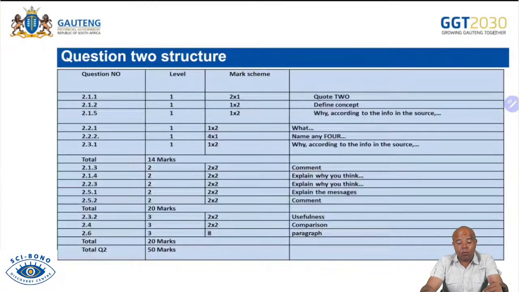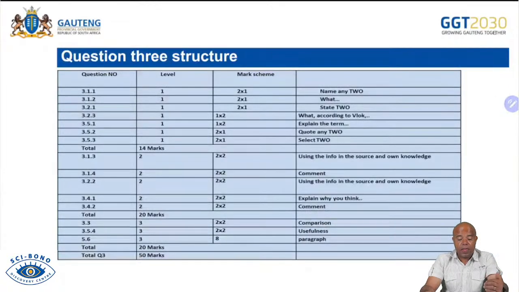When we go to level 3, we basically see level 3 is supposed to be 16 marks, but when we look at the questions, usefulness, compare, paragraph, so that's a clear indication that the question paper will be basically 50 marks. When we go to question 3, we can see it's divided again into level 1, level 2, and level 3. And that informs us that the mark allocation that will be given depends on the cognitive level of a particular question.